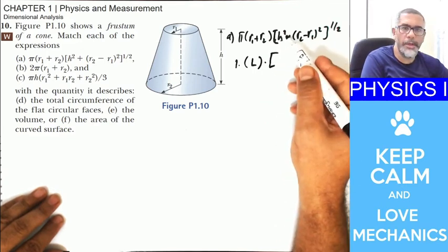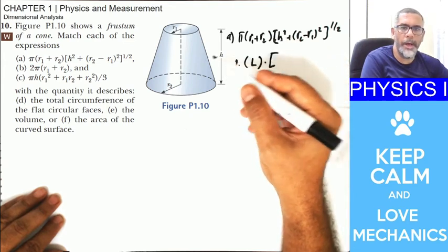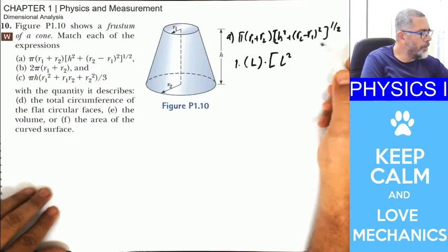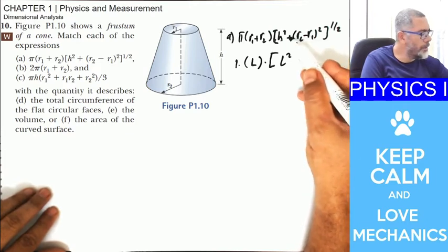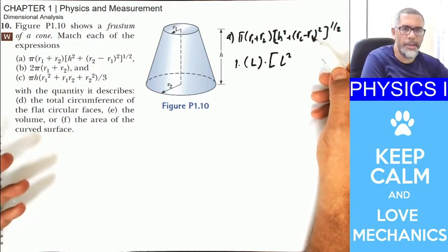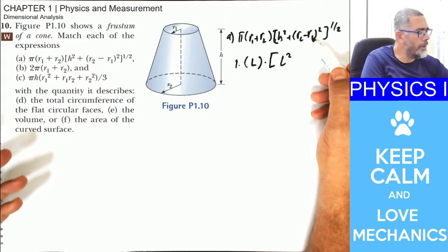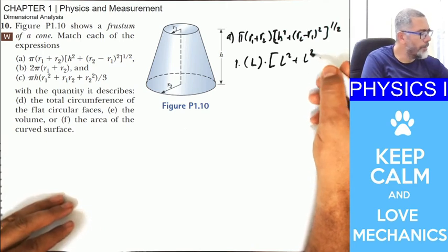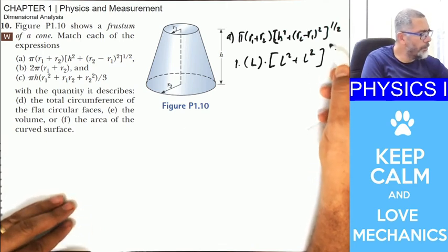Well, h square is the height square, but height has the dimension of L, so it is L square. And obviously, this is added to the curly bracket square, which is R2 minus R1 square. Well, R2 minus R1 again has the unit of L, so length, and take the square of this, so it is L square again, and the power 1 over 2.